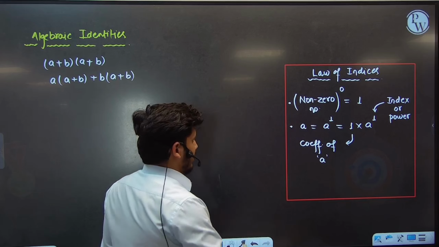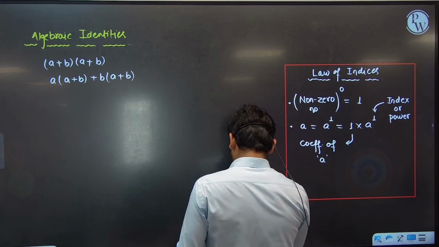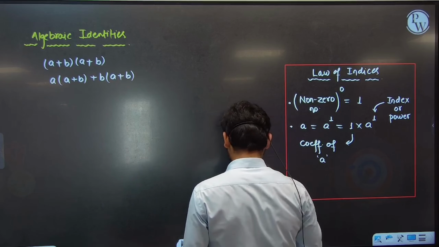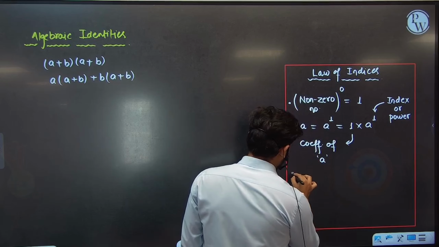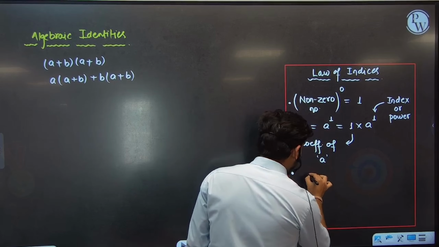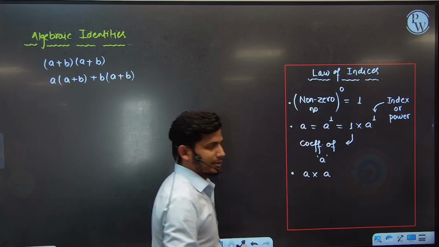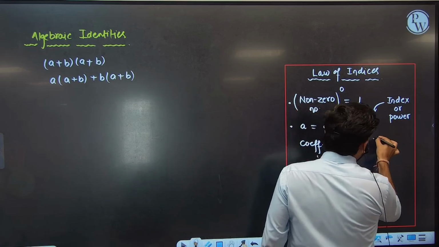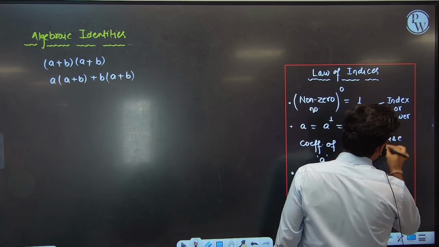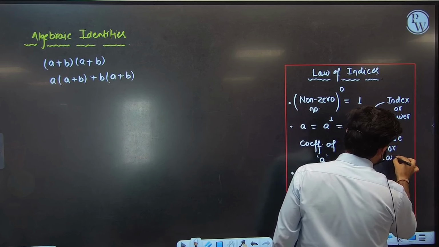Now tell me, if a number is multiplied by the same number, this a is called the base, or variable.